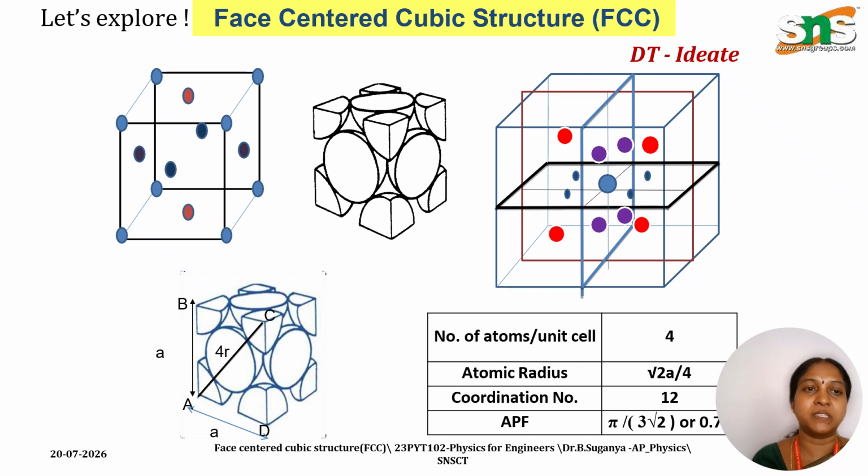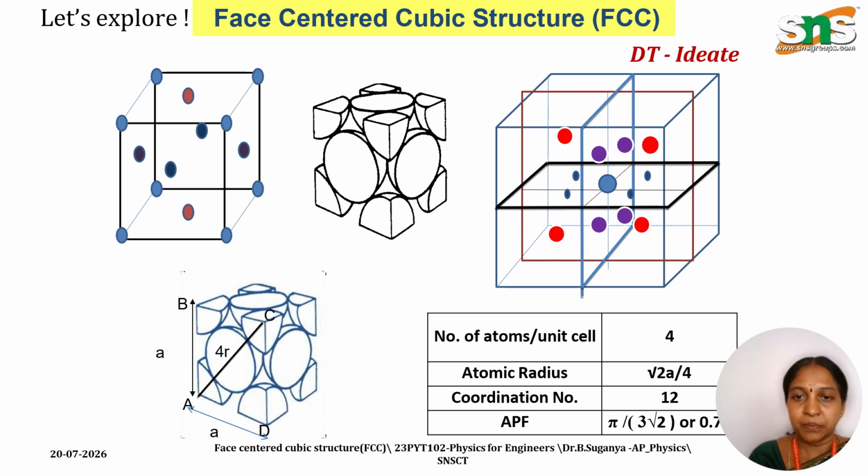This is the face centered cubic structure. All the corners contain one atom, and a cube has 6 faces, and all the faces have one atom at the center.